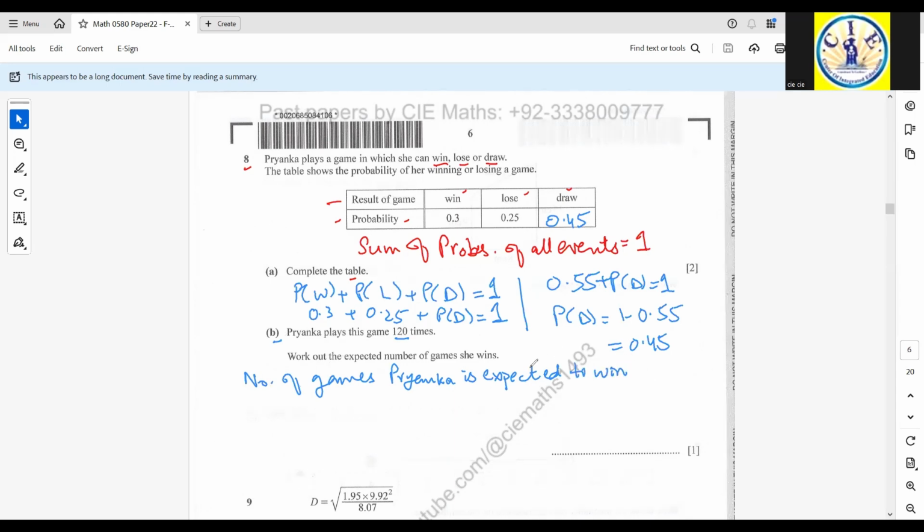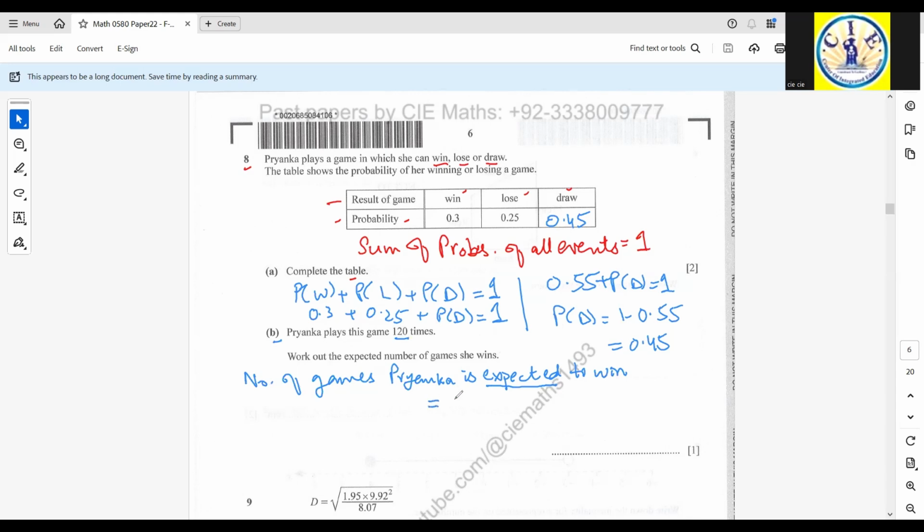This is not the answer that we can say that out of 120 times when the game is going to be played, this is exactly the number of games when she wins. Rather, it is the expected number of games when she might win.